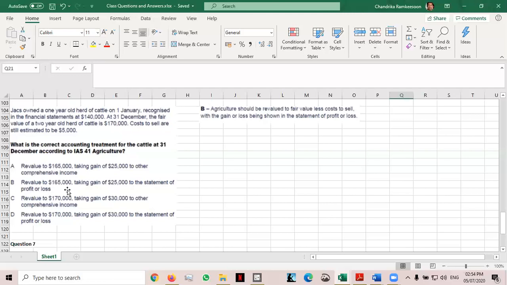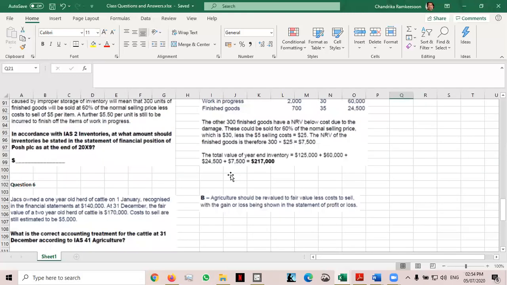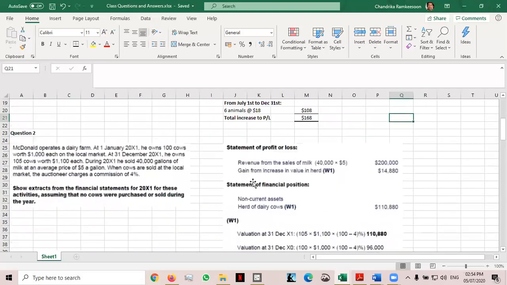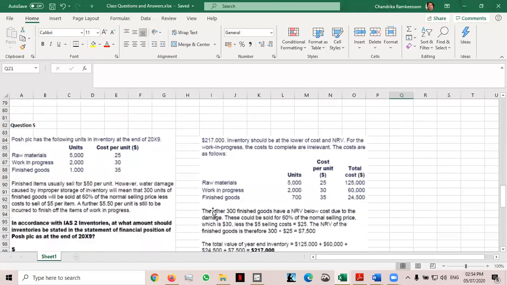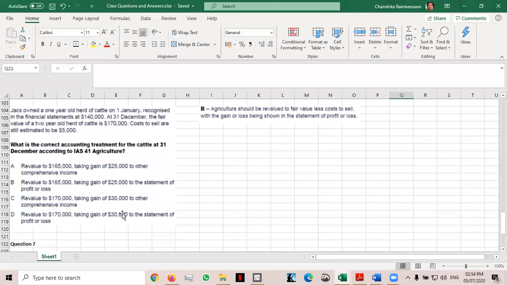Now, again, the 165 is the 30 less cost to sell, which is how we do the fair value calculation, as you saw here. Okay, let's go back up a bit. See, value less cost to sell. We value to 170, taken gain to OCI. No, well, it has to be to 165 because the value has to take into account the cost to sell.